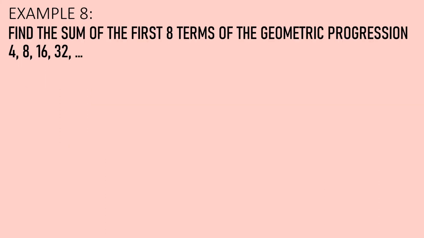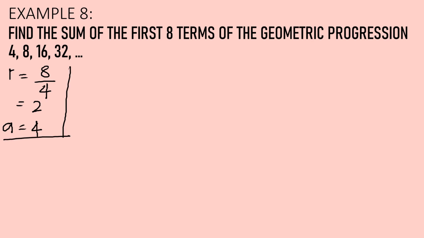Find the sum of the first 8 terms of the geometric progression. So we have to find the ratio first. Ratio is 8 over 4, so the ratio is 2. So it is more than 1, and A equals 4.